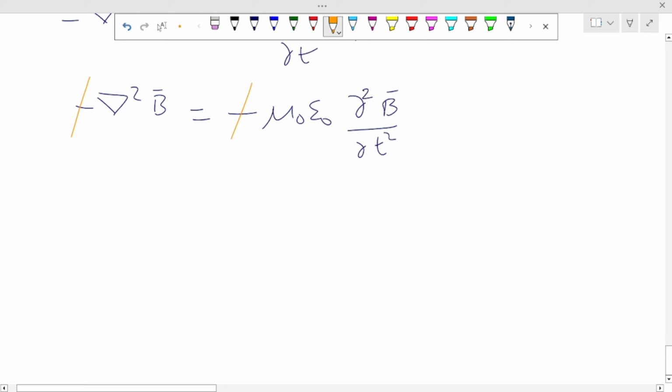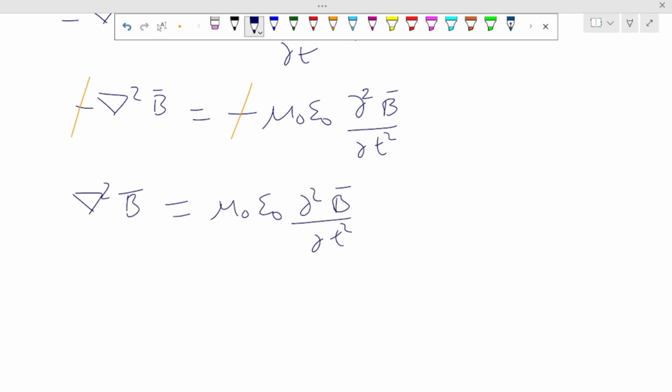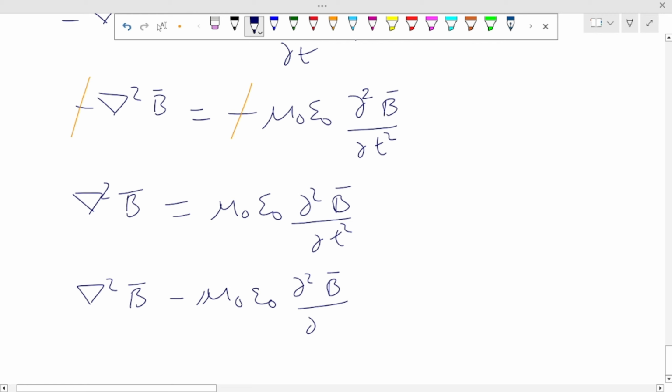That leaves us with nabla squared, which is the Laplacian, equals this, all over this. And when you bring that over to this side, it gives you this, equals 0. Equation 4. Better.